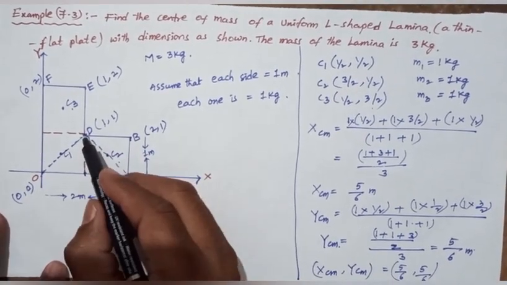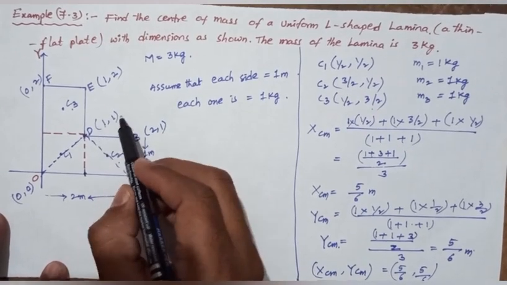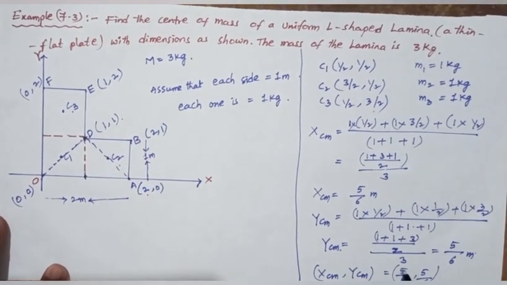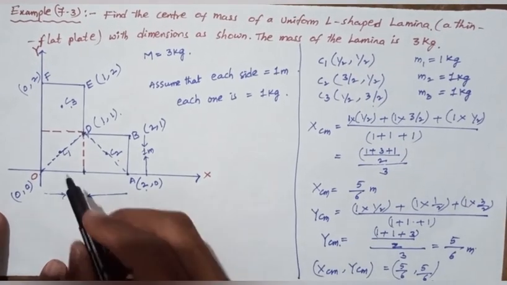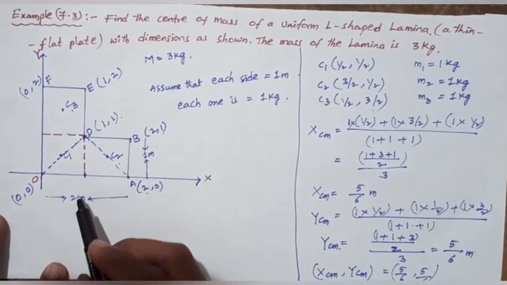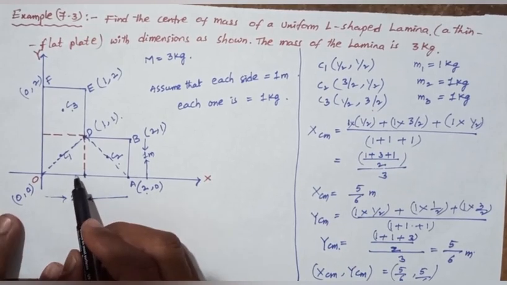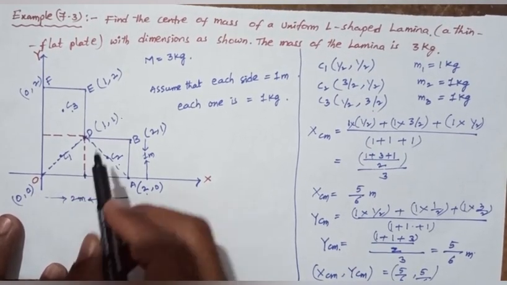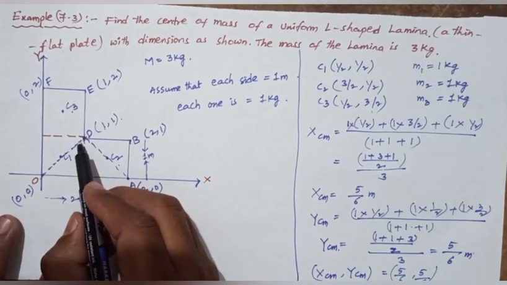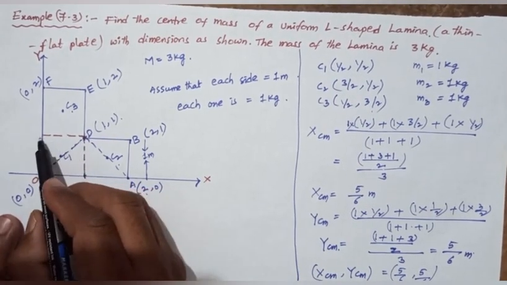Here 1 comma 1, and 5 by 6 is nothing but 0.8 comma 0.8. So where is 0.8? It is here, 0.8, and it is also 1.